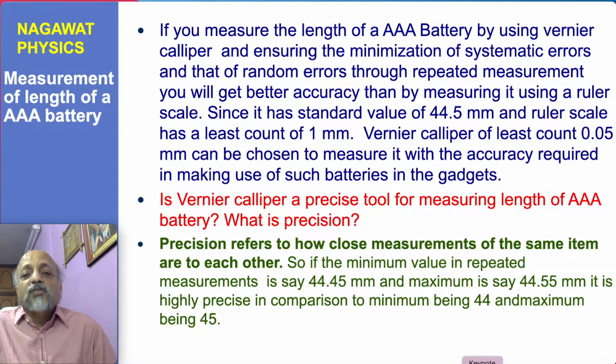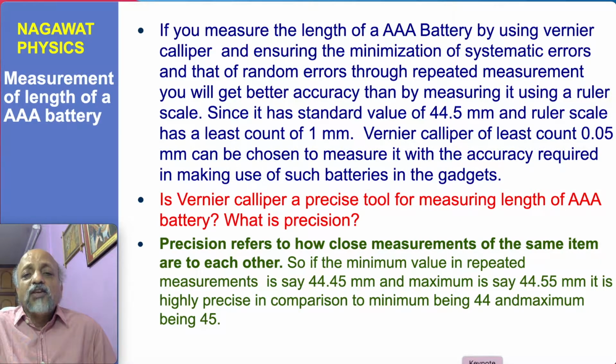It has a standard value of 44.5 millimeter, and the ruler scale has a least count of 1 millimeter. Vernier calipers generally have a least count of 0.05 millimeter, better than the ruler scale, so they can be chosen to measure it with the accuracy required for making use of such batteries in gadgets.